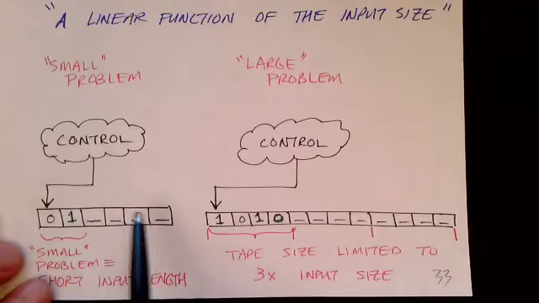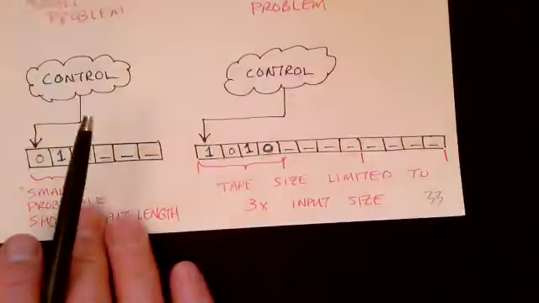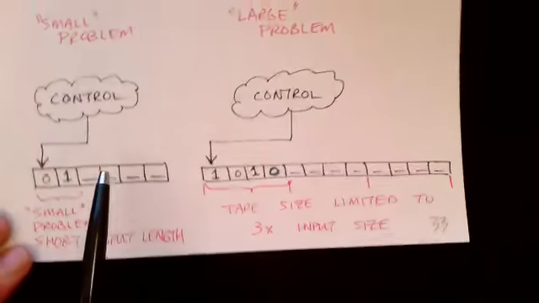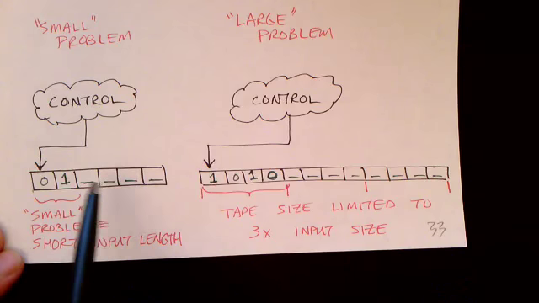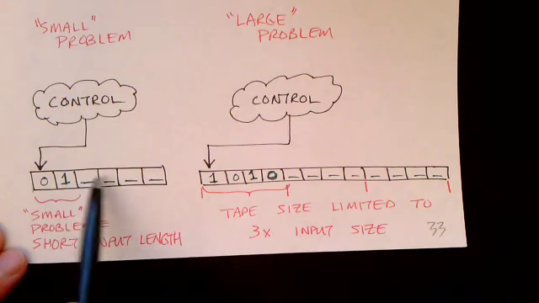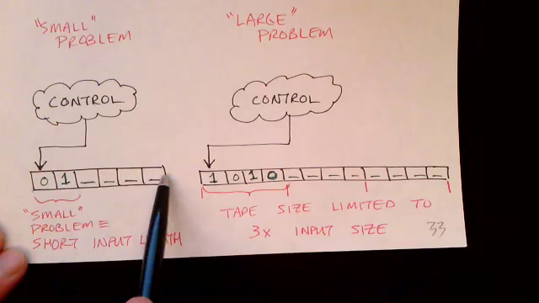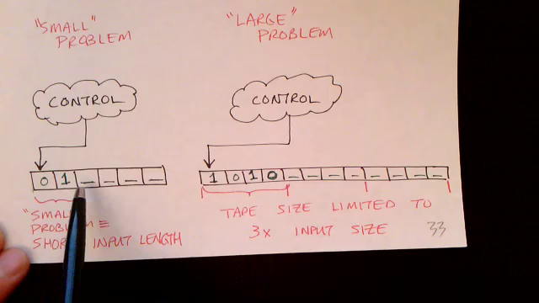Now here's an example. We're saying that in this particular linear bounded automaton, our tape is limited to 3 times the size of the input. So, for example, if our input is only 2 symbols, we get 6 cells of tape to make use of.